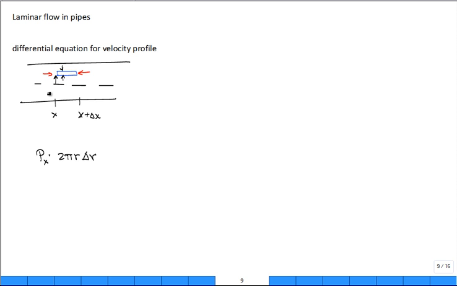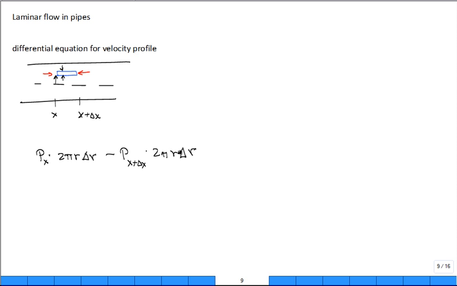That's moving it in the positive x direction, minus, because it's in the negative x direction, p at x plus delta x times 2 pi r delta r. So those are two forces on the ends. They're due to pressure times that little area of that ring on the ends.